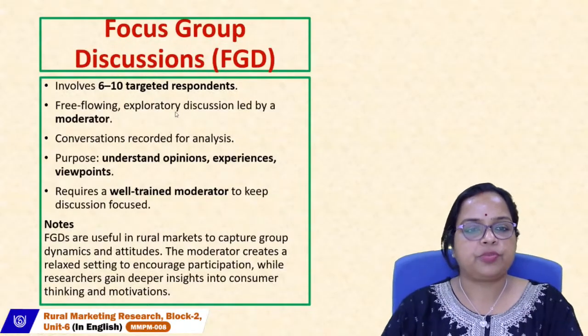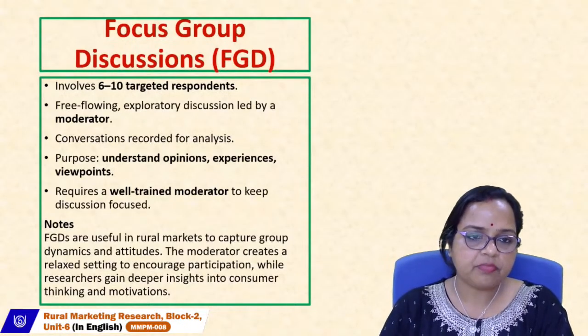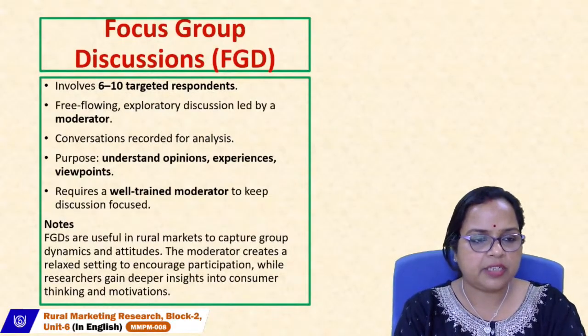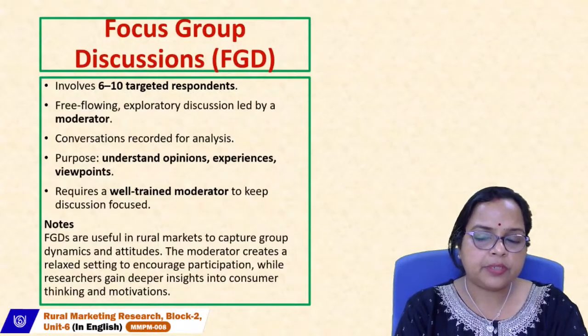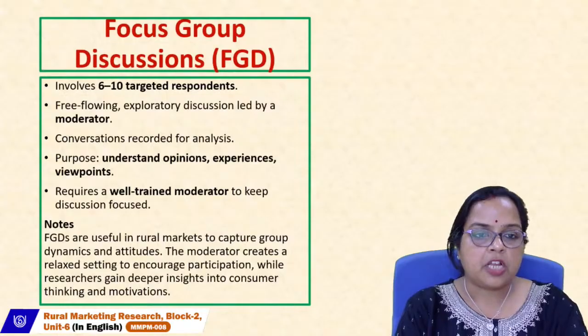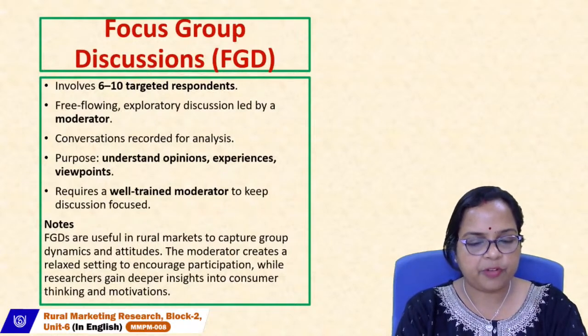Next comes the focus group discussion. It involves 6 to 10 targeted respondents. It's a free flowing method. No question answer format, nothing is predetermined. They just discuss with each other about the product, but there is a moderator to moderate the session. Conversation is recorded for analysis. The purpose of doing focus group discussion is to understand opinions, experience, and viewpoints.